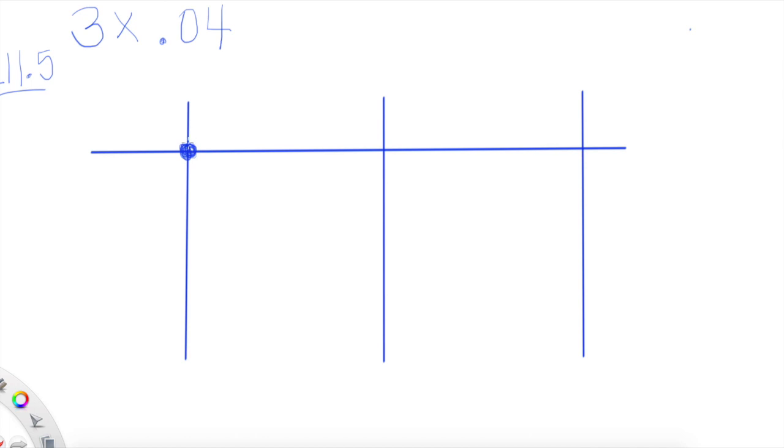In this place value chart, I'm putting the decimal right here, and please remember your proper place values. The place value immediately to the left of the decimal is ones, then we have tenths, continuing to the right we have hundredths, and then down here we have thousandths.